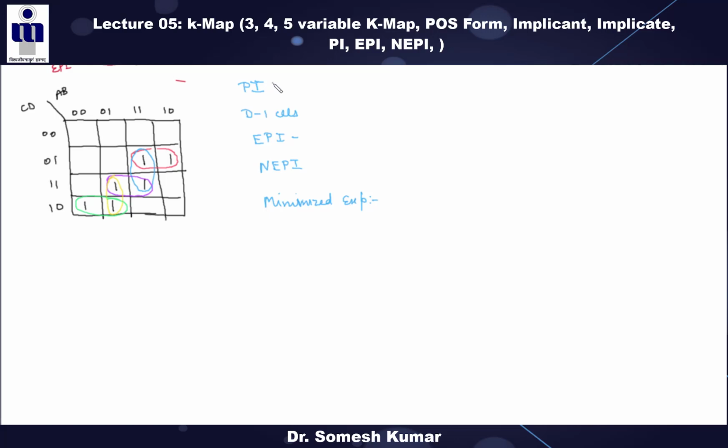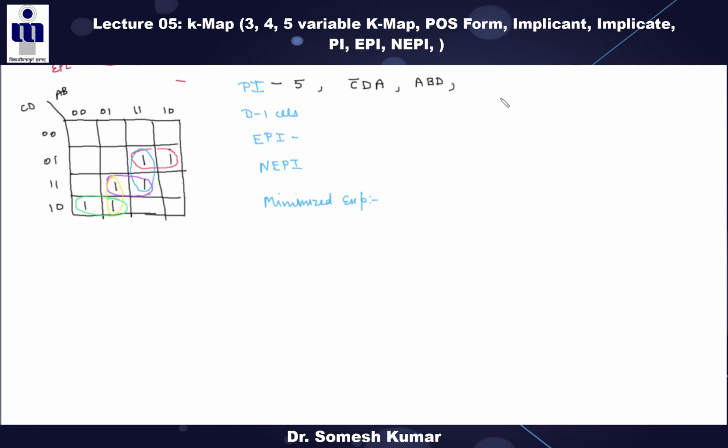5. Can you name all the 5 PIs? So what is the output from this first red one? Which are the common terms in the red one? C bar D A. What is the next PI? The blue circle one, what is the output? A. What is the next PI?